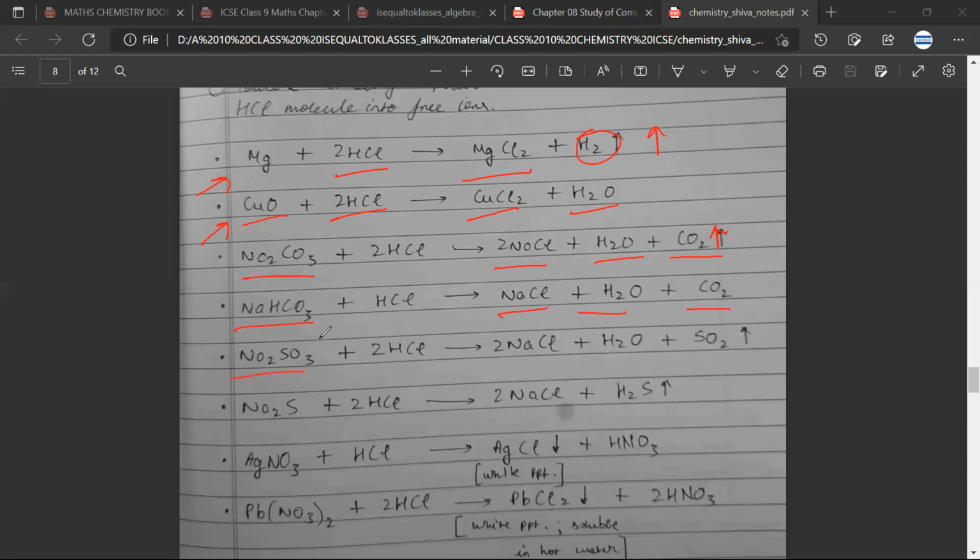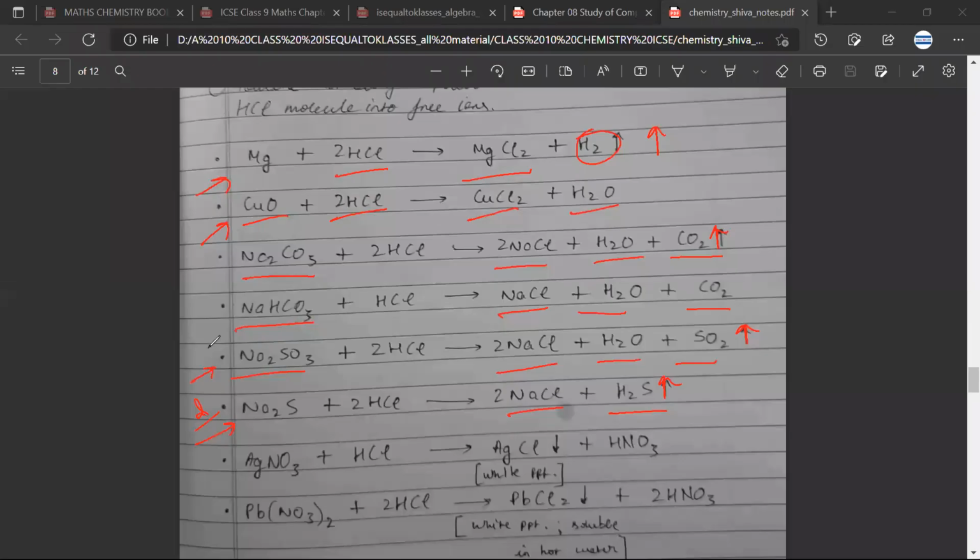Na2SO3, this is a metallic sulfite, plus HCl gives salt plus water plus SO2, again the upwards arrow, and then we have sulfide. So this is sulfite, but this is sulfide with a D. So sodium sulfide plus HCl gives salt plus H2S, and H2S is in the gaseous state.